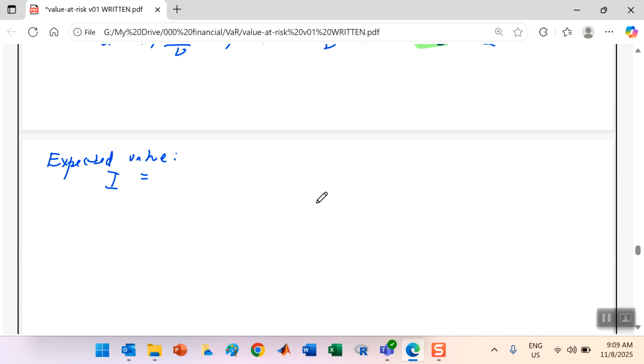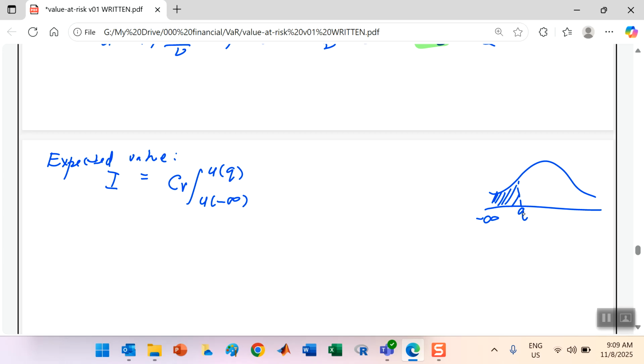So I will be CV, then you integrate from minus infinity to VaR alpha, or the probability quantile q here. So from minus infinity to q, you have μ/2 times u to the power of −(μ+1)/2 du.